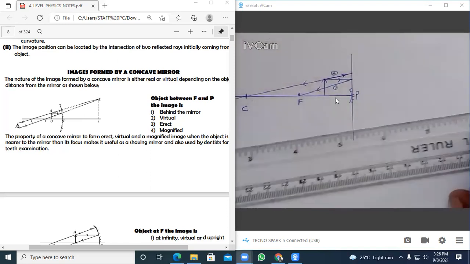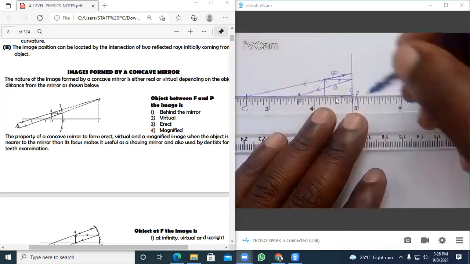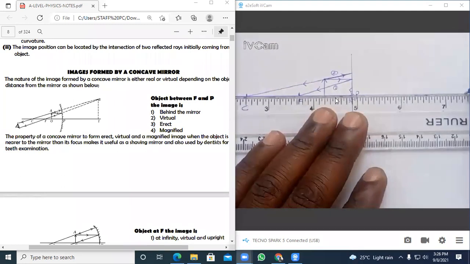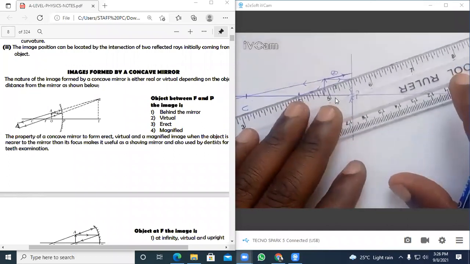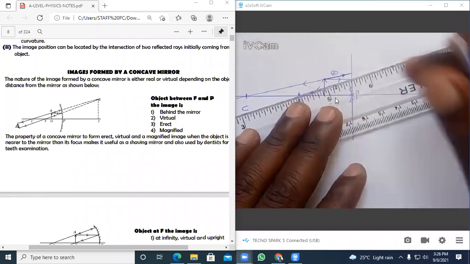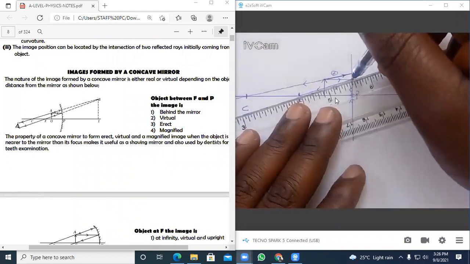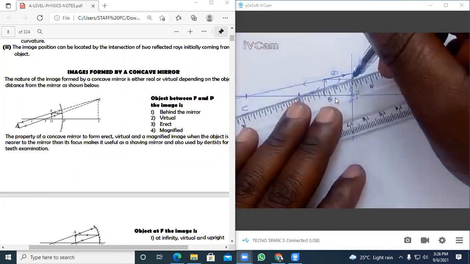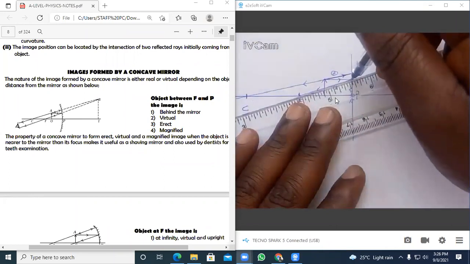So what I'm going to do is extend on the principal axis, inside. And now I'm going to also extend this ray. The extension I make is an apparent ray, so apparent rays are drawn in dotted form.